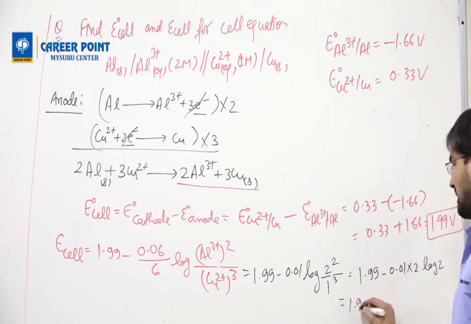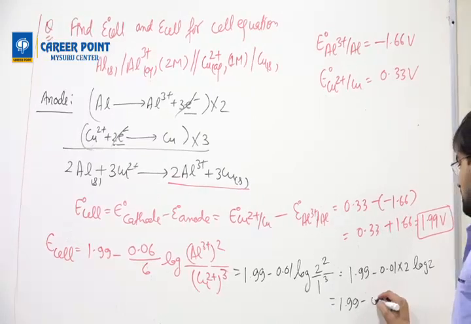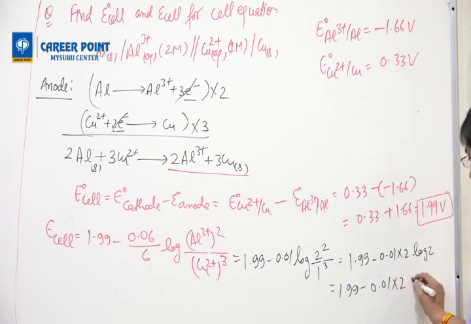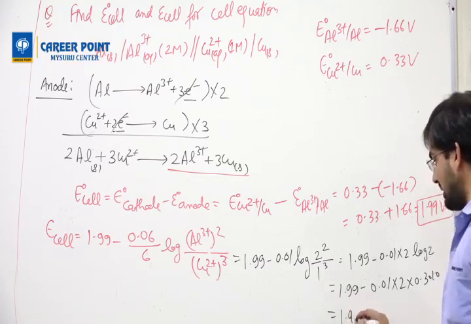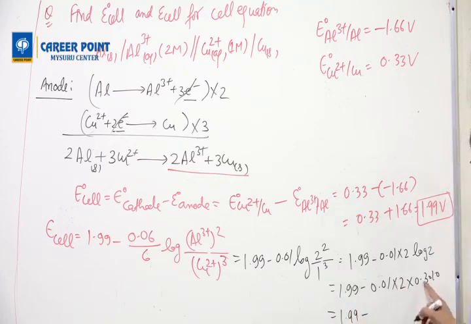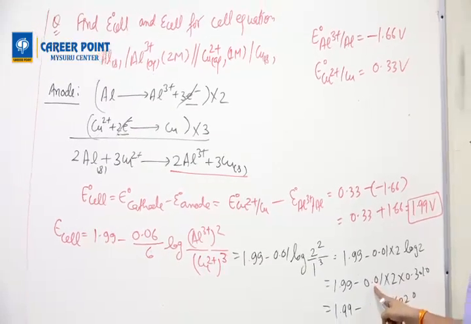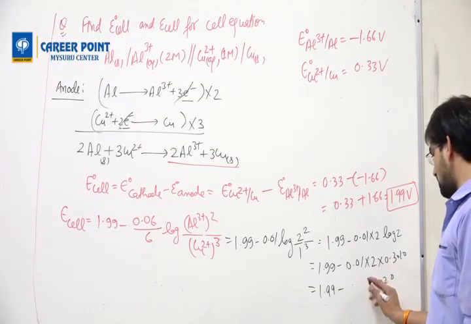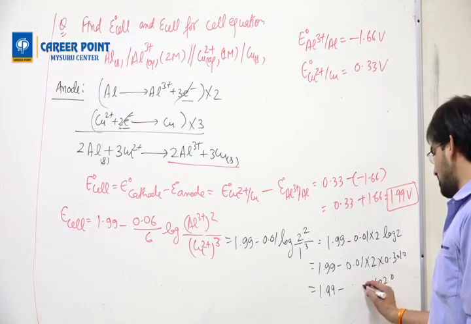So 1.99 minus 0.01 into log 2 is 0.3010. So 1.99 minus, we multiply by 2, we get 0.6020. But then this multiplication is shifted 2 decimal more, 0, 1 decimal, 1 more 0.0.